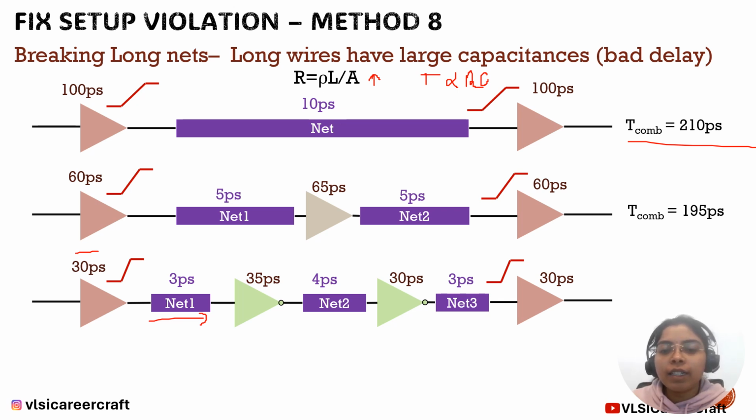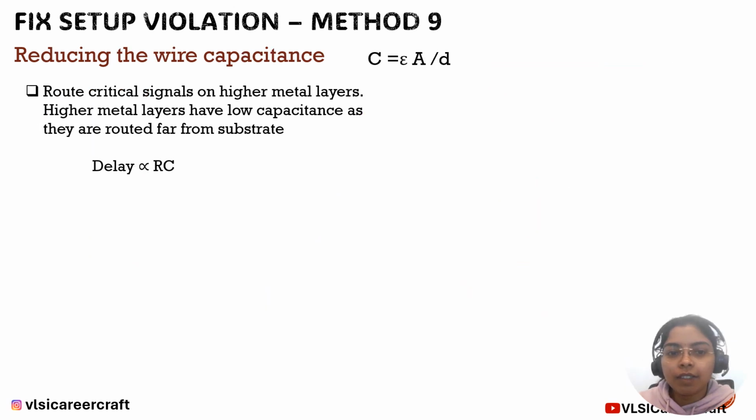And these three nets combined offer 10 picosecond, which is unchanged, and these inverters are offering 35 and 30, which are driving shorter nets. So the effective delay will be 135 picosecond, which is much lower. So in this case, we are reducing the combinational delay, which in turn helps us to satisfy the setup check equation and fix the setup violation.